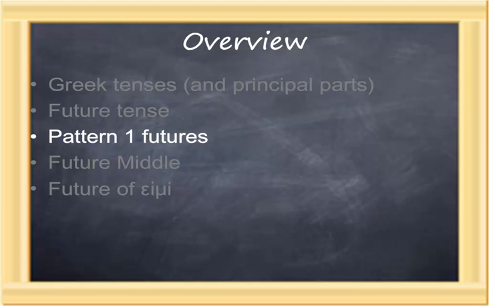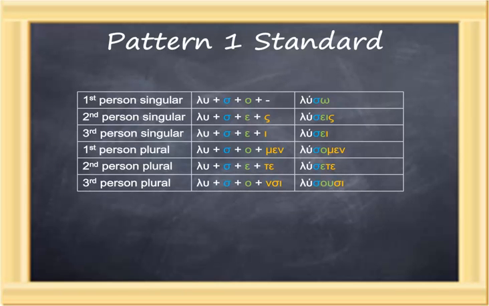And now let's look at the first major pattern that's used to form the future active. That pattern consists of the future stem, a tense formative, sigma, connecting vowel, omicron or epsilon, applied as previously, omicron before mu and nu, epsilon in other cases, and omicron or epsilon when there isn't a personal ending.